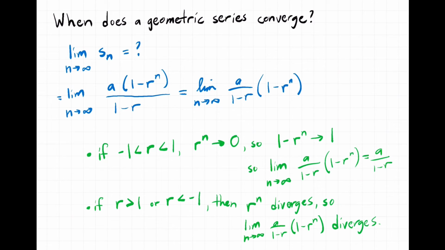So, little side note here. What about r equals 1 or r equals negative 1? My recommendation is that you try these yourself. Those don't quite fit into our little situation here. First of all, if r equals 1, then what is that 1 minus r in the denominator?